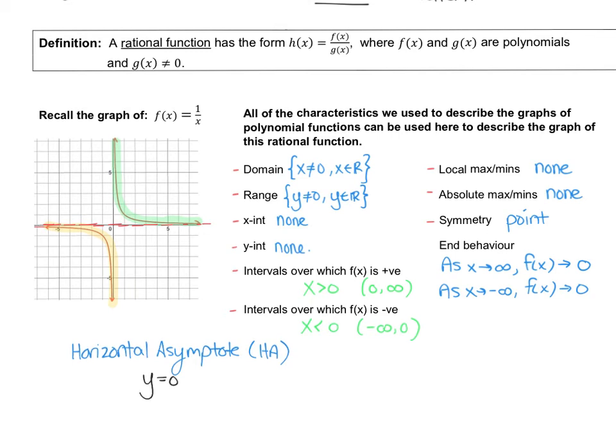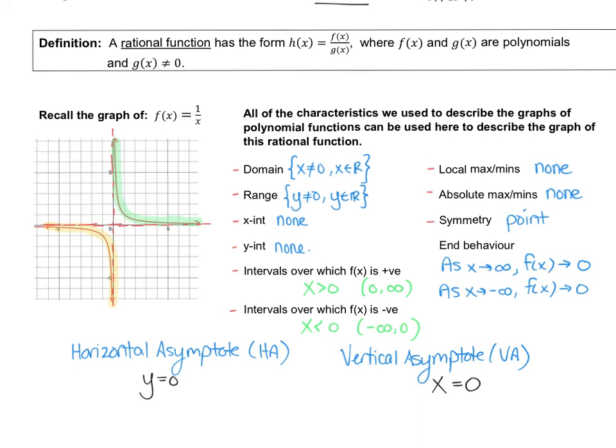Okay, similarly, we have another one right here. You can hopefully guess that this one is called a vertical asymptote, or VA for short. And hopefully you can see that the equation of that vertical line is x equals 0.